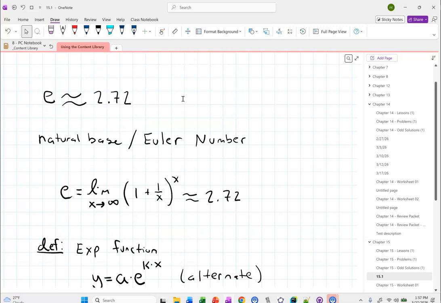So one of the important uses for E is that exponential functions can have any number as a base, right? And if I want to compare two exponential functions with different bases, that's really difficult to do just by looking at the equation.